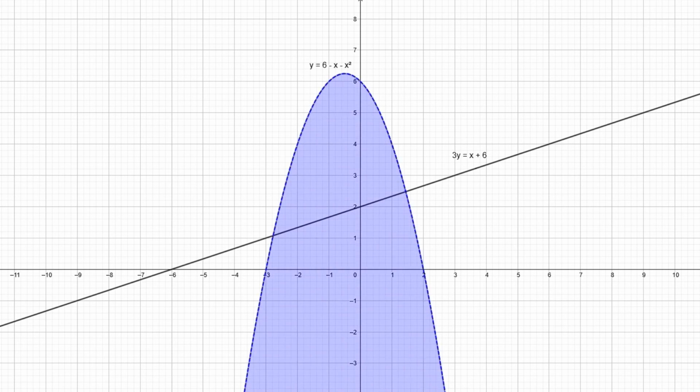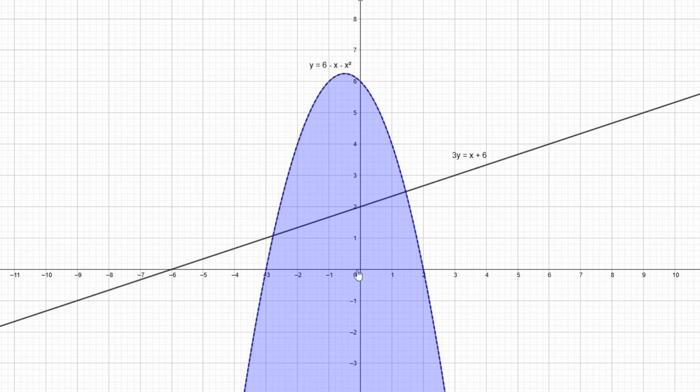For the linear inequality, we require 3y to be greater than or equal to x plus 6. Again, which side of that straight line is it? Well, let's try again the origin 0, 0. 3y is 0, x plus 6 is 6, so 3y is not greater than x plus 6.